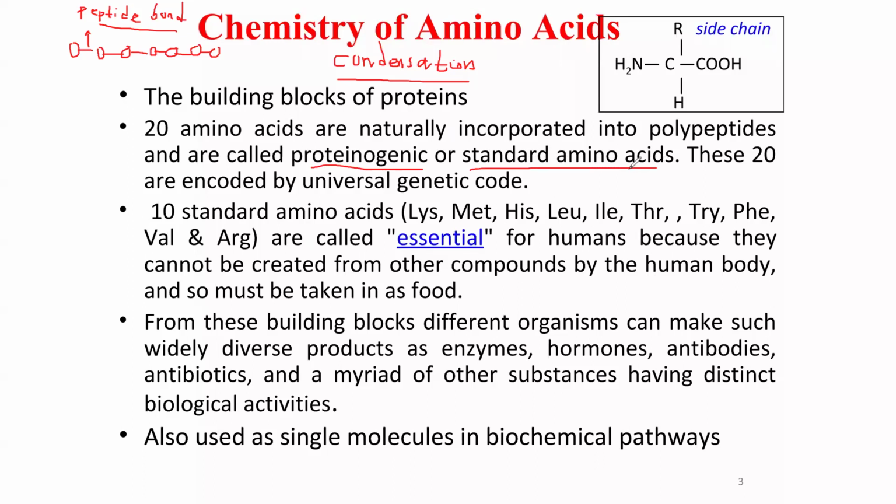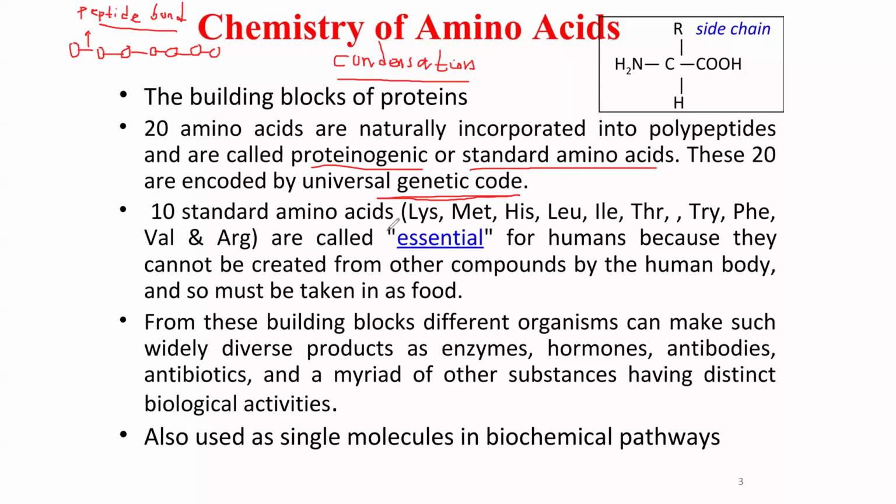These 20 amino acids are encoded by the universal genetic code, which uses triplet codons, and each triplet codon codes for a specific amino acid.